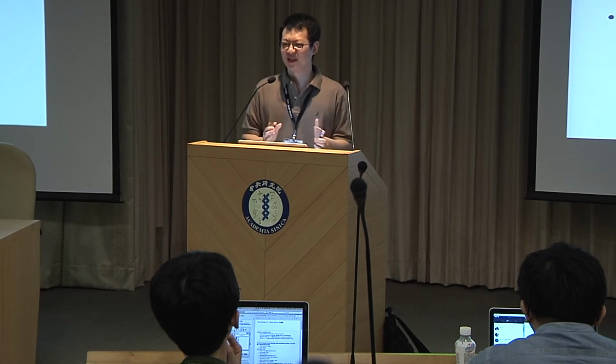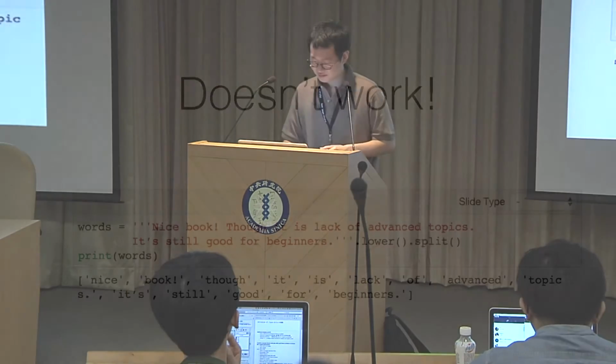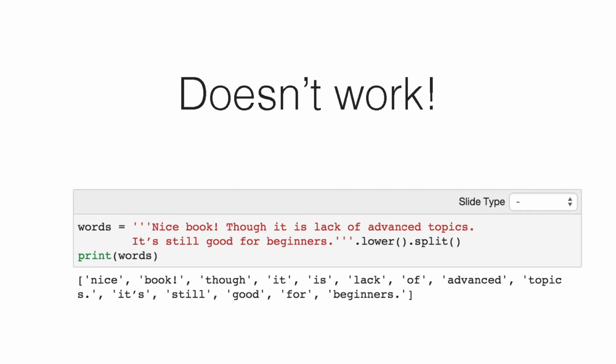So it takes a lot of time, and doesn't work well. It's a little strange because the text contains punctuation. See here? There's some punctuation here. Though, there's a period here.